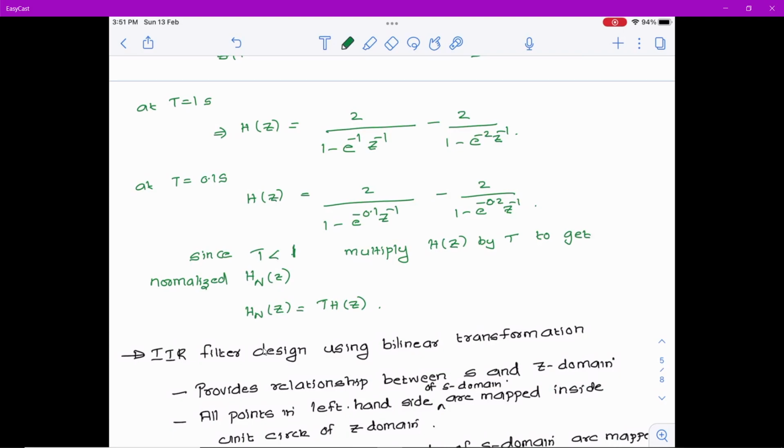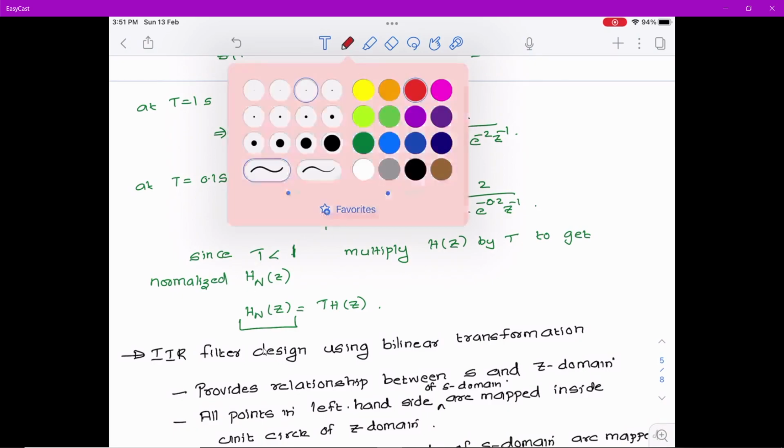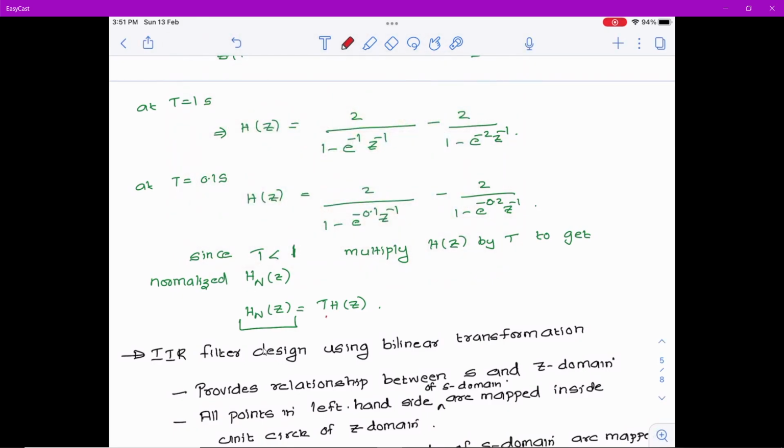You can normalize the transfer function by multiplying it with t. So the new normalized transfer function Hn of z is equal to t multiplied by H of z. So you have the normalized transfer function. This is how you design an IIR filter using the impulse invariant method.